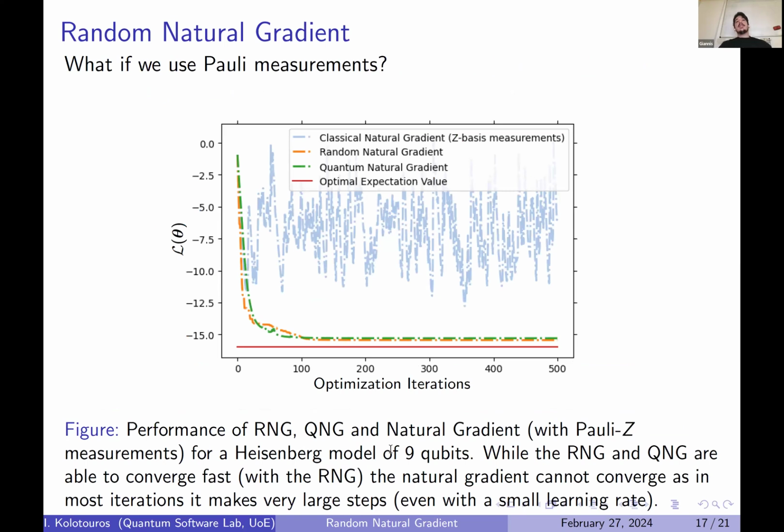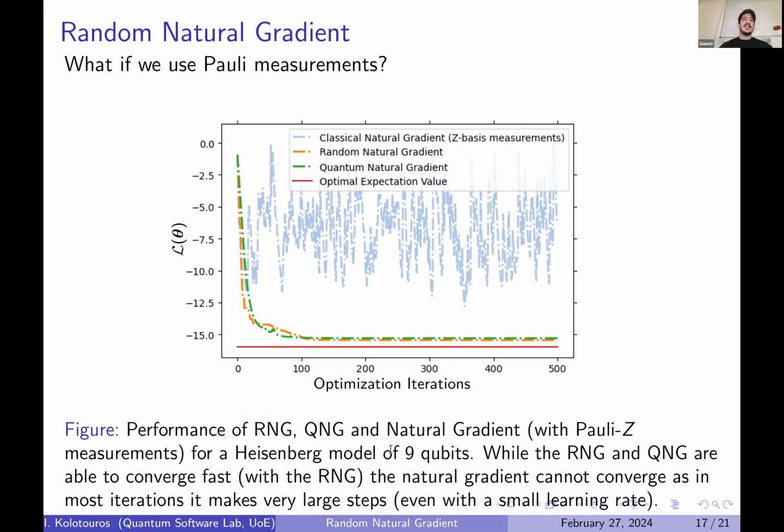Now, this figure shows what we actually played with. We said, okay, instead of using this random global unitary, we first shift the parameters and then measure in the computational basis. What if we don't measure in the computational basis, or in a Pauli basis?